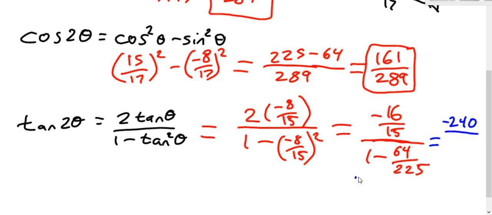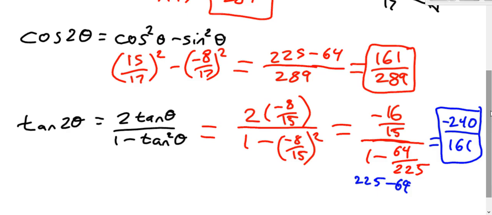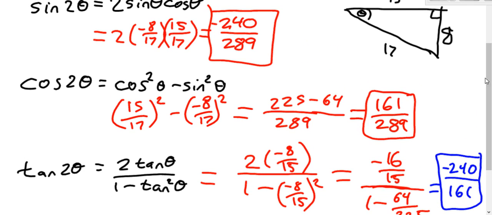And the denominator would be 225 minus 64, which is 161. And there's tangent. You could have also, since we did sine and cosine, tangent is sine over cosine, so it would have been the negative 240 over 161 from the sine over cosine.